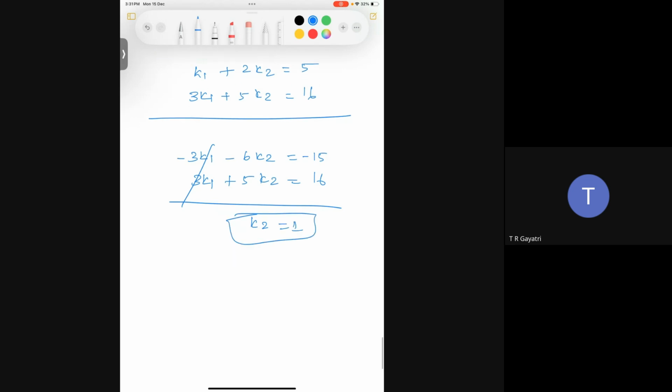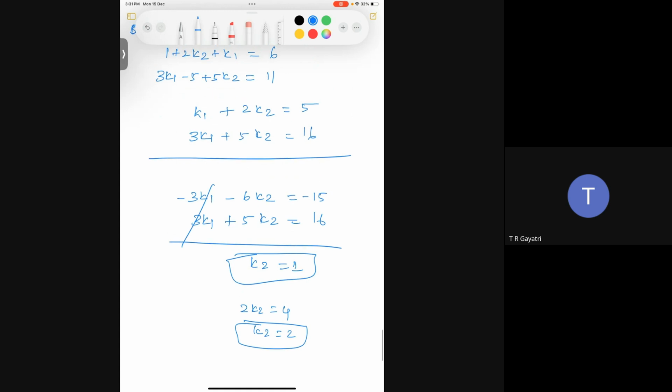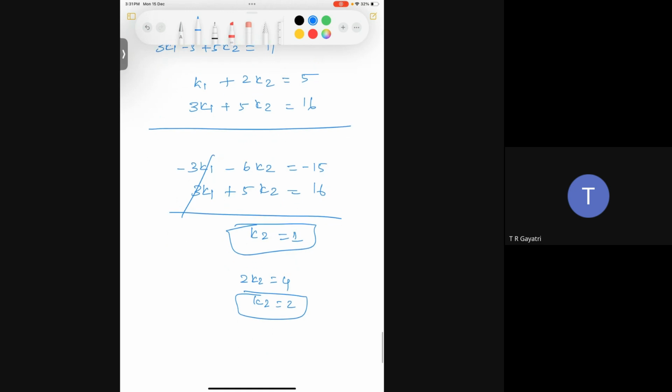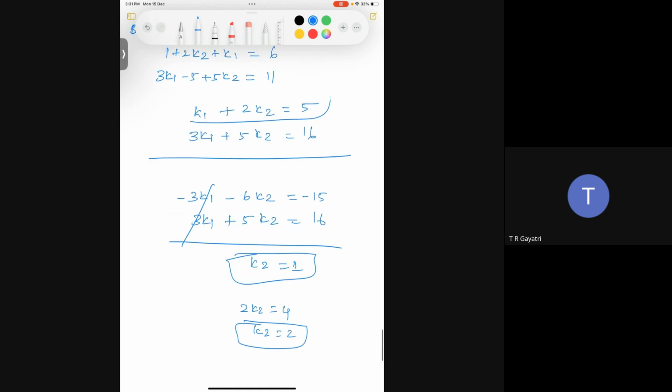If I substitute it here, k2 is equal to 1, k1 equal to 3, right?